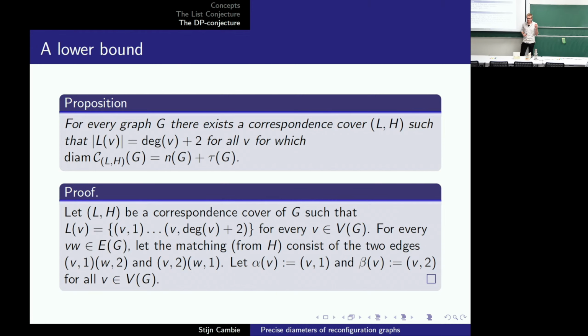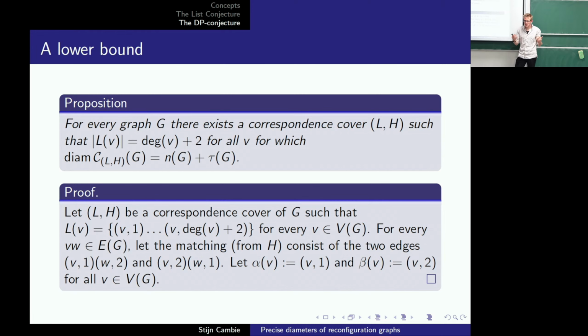So if you want to recolor v1 into v2, then for every neighbor w, it's forbidden to be colored with w1. So basically to recolor one vertex efficiently, all its neighbors have to be recolored inefficiently. So for every edge, you will have to recolor 3 times. So you will have some loss.